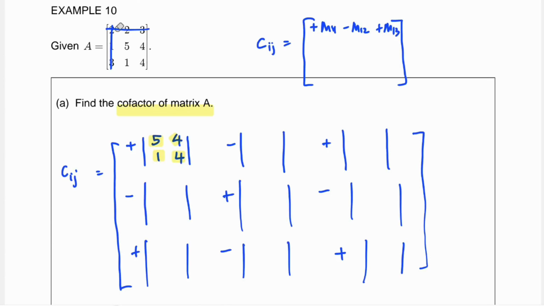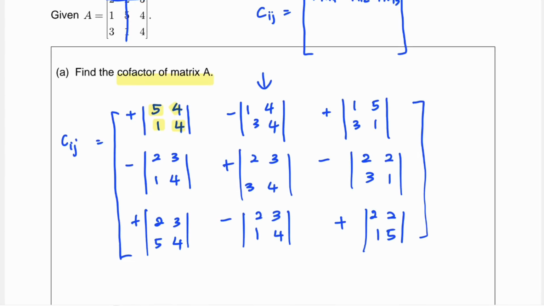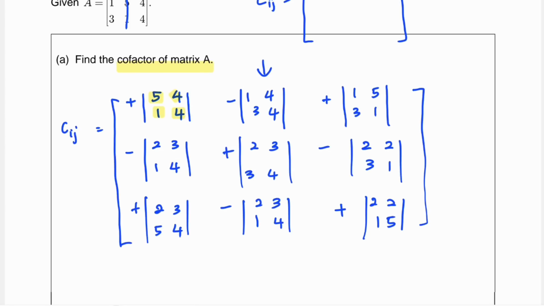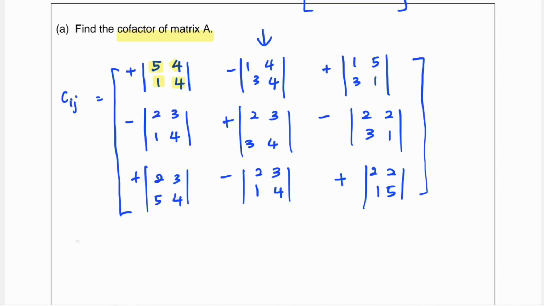Next, for this part, you have to delete the first row and the second column. Just copy down the remaining elements, and you need to repeat the same process for all the nine elements here. Okay, so these are the remaining entries that you need to fill in the template. We are going to continue with the calculations.